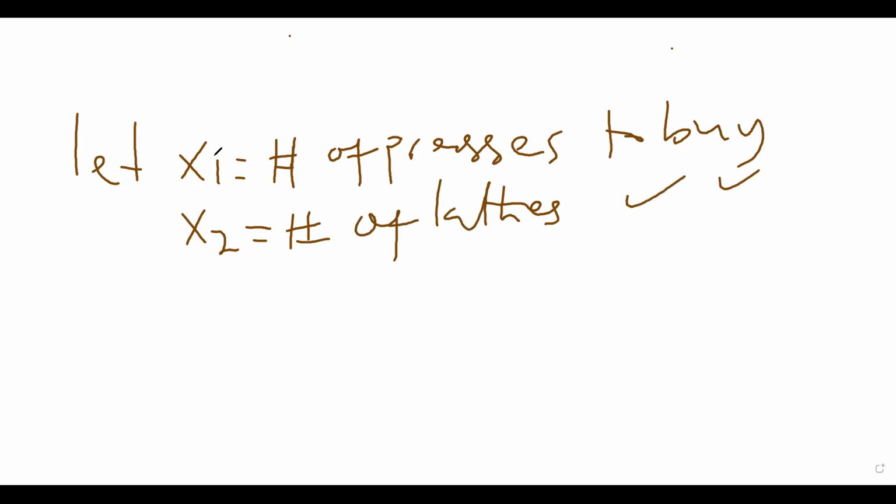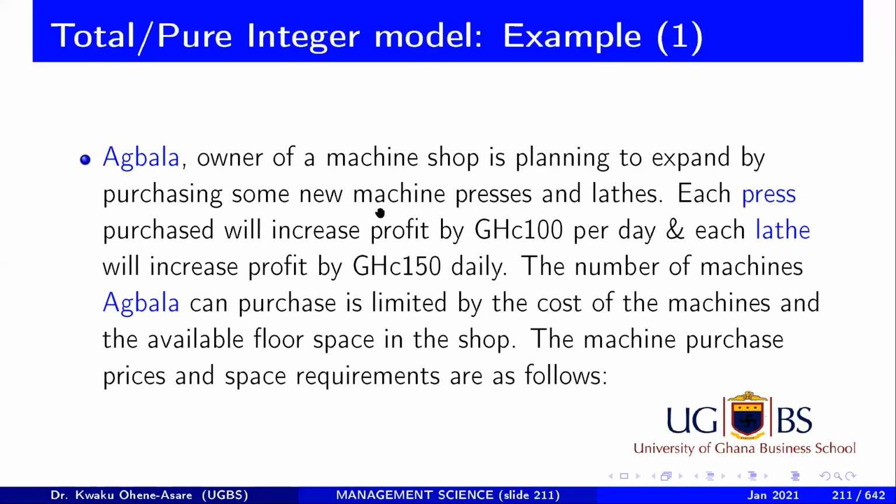What is going to be our decision variable? Now, when you look at the storyline very carefully, you will notice the decision variables were mentioned right there in the story. It says that each press will increase profits by 100, and each lathe will increase profits by 150 every day.